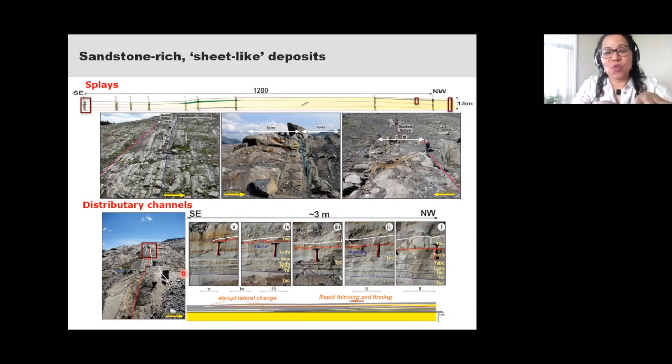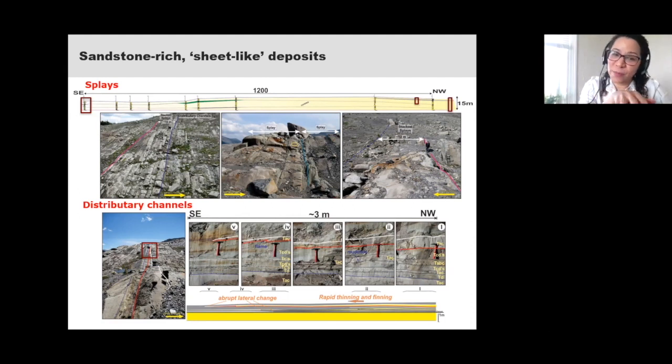We are able to walk that kind of contact. These channels showed a gradual change, but the fining and thinning vertically within the channel is not as drastic as you always expect. It's actually more gradual.